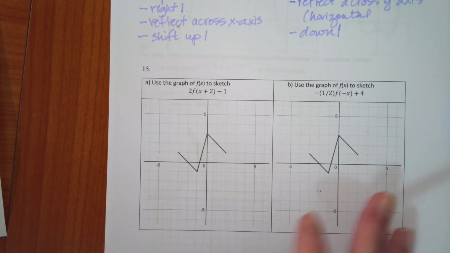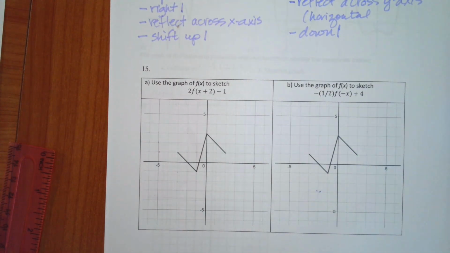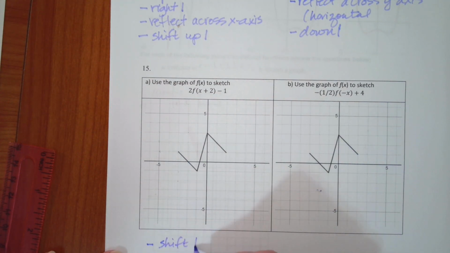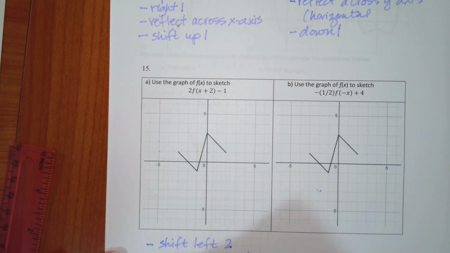Now here on these, I'll just try and go straight from here to the end. The first thing I have to do, and I have to do these in order, is shift left 2, do a vertical stretch by a factor of 2, and then move it down 1.